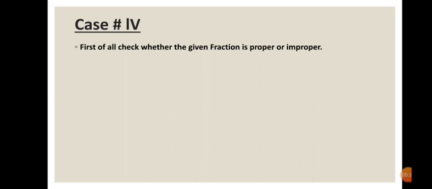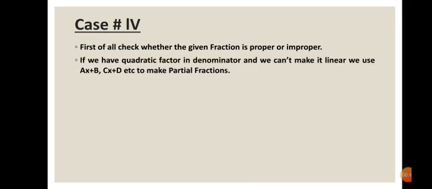Students, whenever you have to make partial fractions, first of all you must check whether the given fraction is proper or improper. Secondly, if in a denominator there is a linear factor, we can make the partial fractions like A over something or B over something.